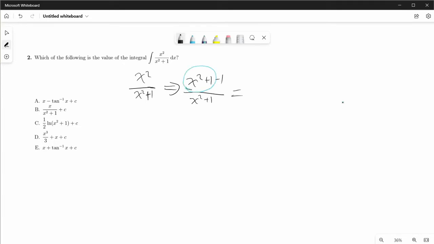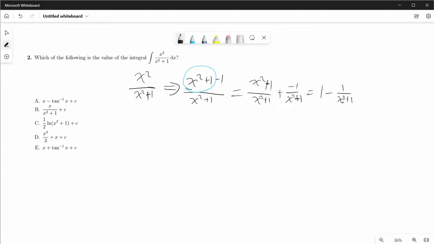And this will be x squared plus 1 over x squared plus 1, plus -1 over x squared plus 1. That will be 1 minus 1 over x squared plus 1.